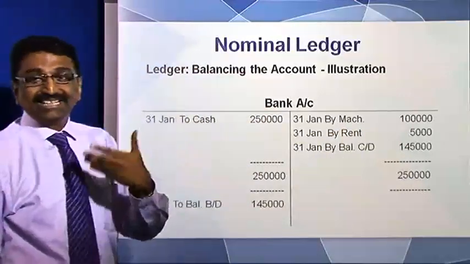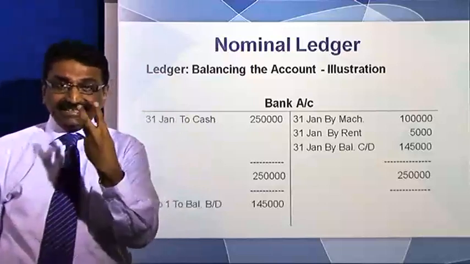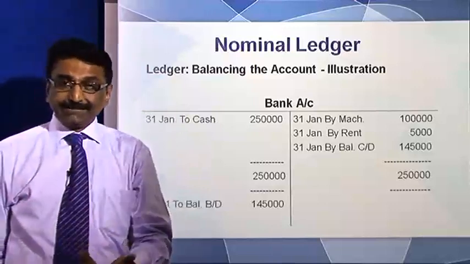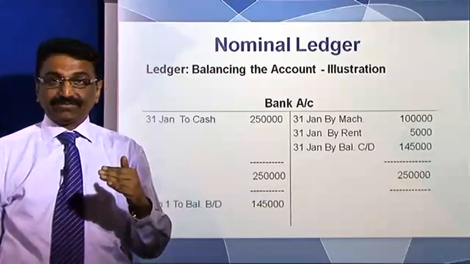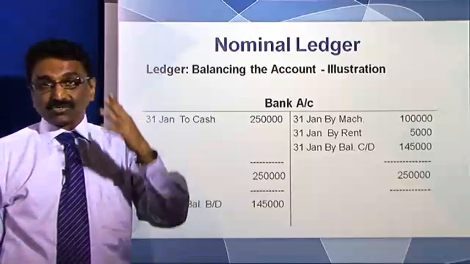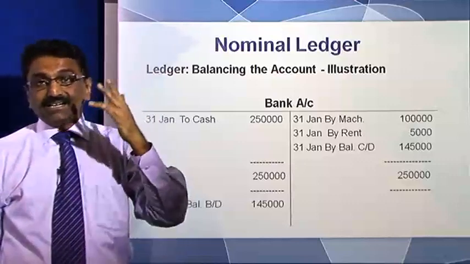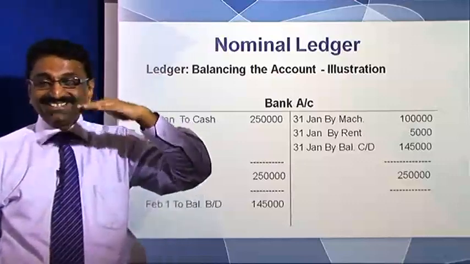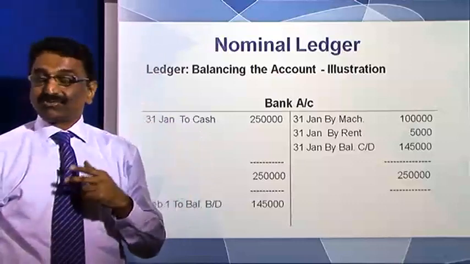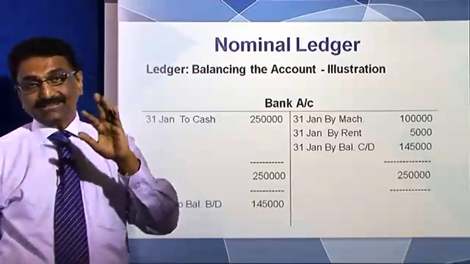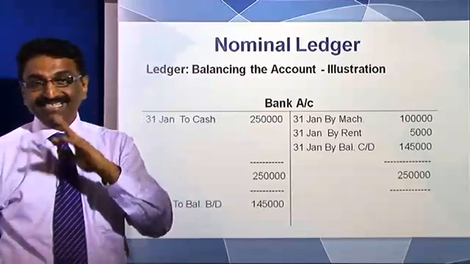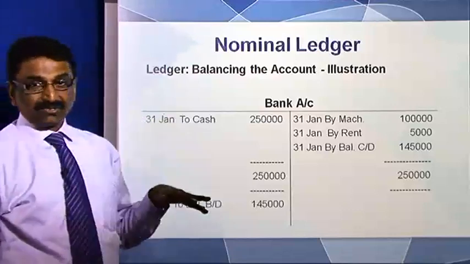This is how the ledgers give you an idea in each ledger account what is the debit or the credit balance available depending on the nature of the account. Generally, asset accounts will have a debit balance because increases in assets are debited. A liability account will have a credit balance because increases in liabilities are credited, and so on and so forth.